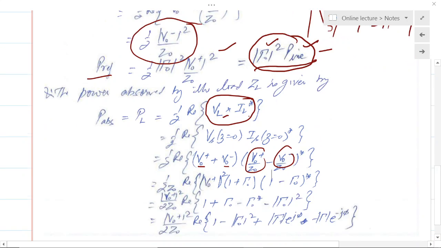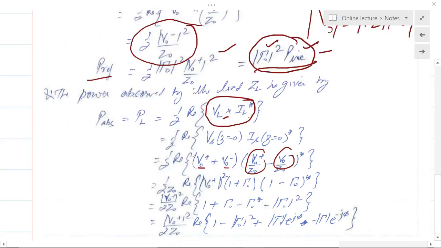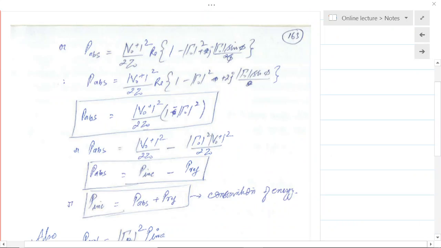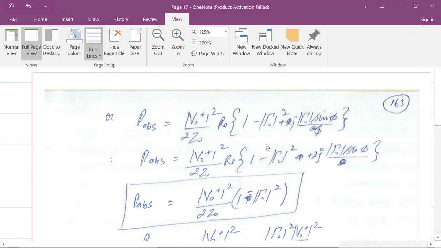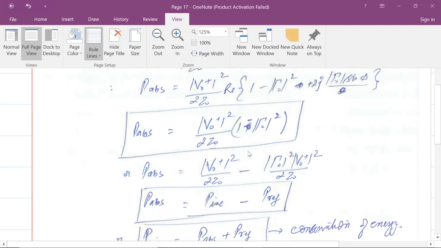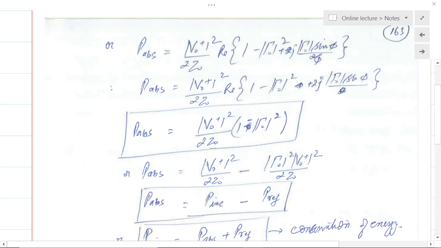When you simplify these expressions, you will see that the power absorbed by the load comes out to be this expression. This is the main expression. The power absorbed by the load will be V naught plus whole square by 2 Z naught times 1 minus gamma naught whole square.